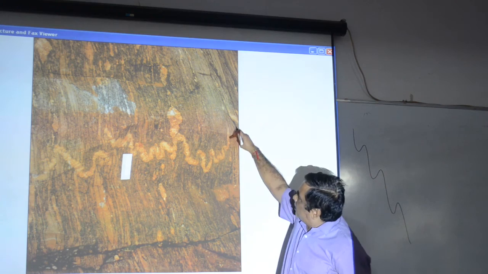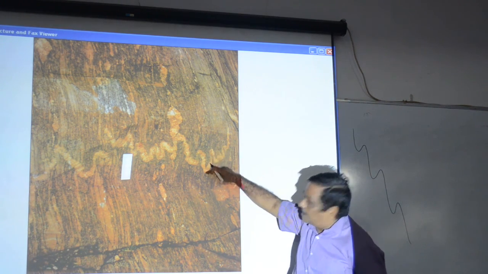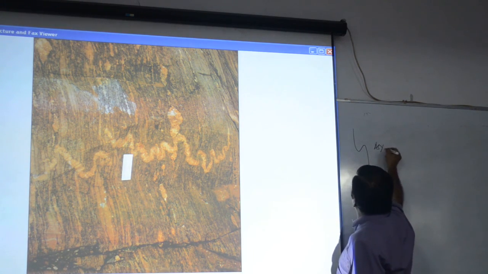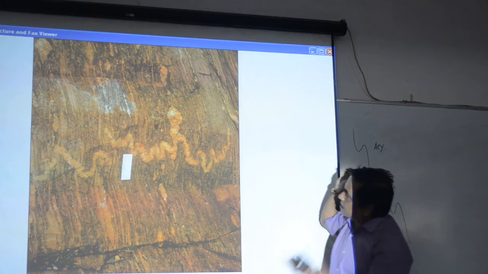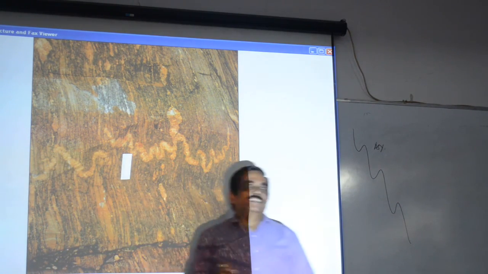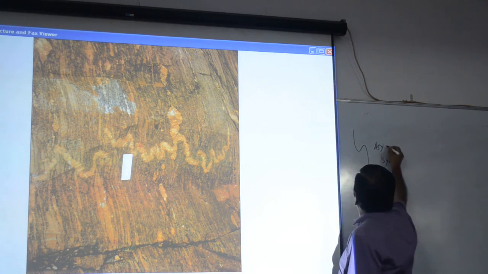See this one? The long limb, short limb, long limb, short limb. So you have asymmetric folds. You have also symmetric folds. If you see this part, it is a symmetric fold. So both symmetric folds as well as asymmetric folds are existing.